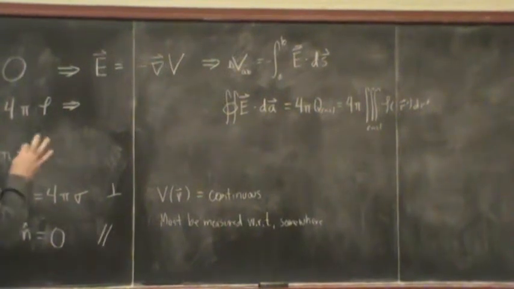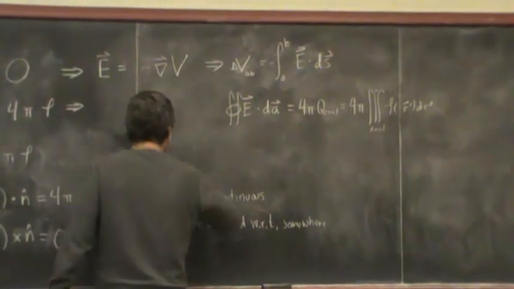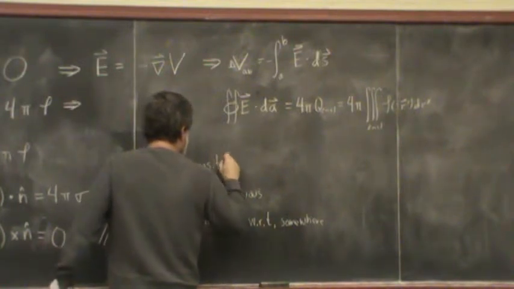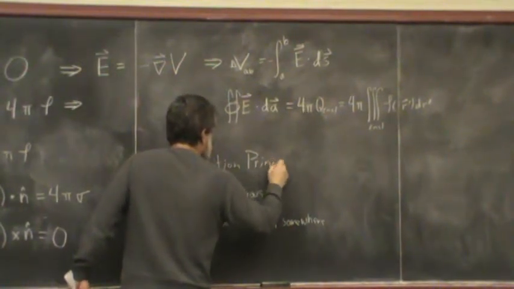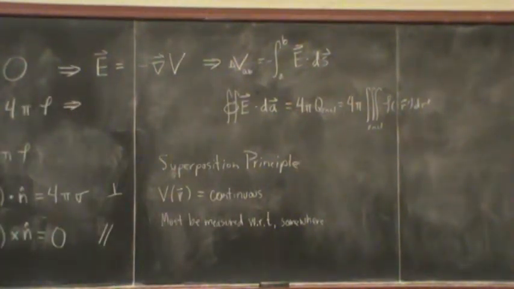And then what applies to both the electric field and the potential is the idea, I've already written it out over here, that if we want to know the potential function for many charges or for various distributions of charge, we can solve for the potential for one distribution of charge, solve for the potential of the other distribution of charge, and then just add the two.